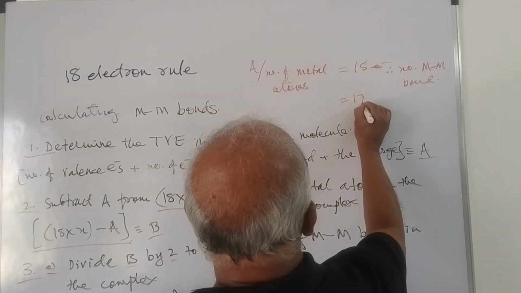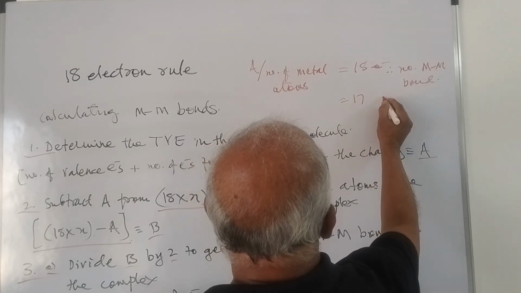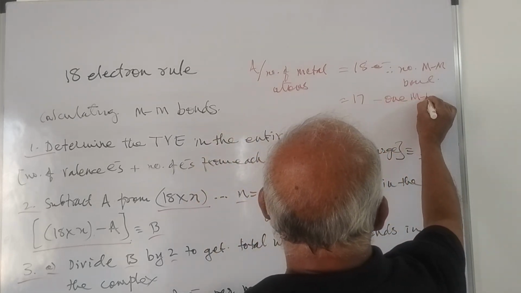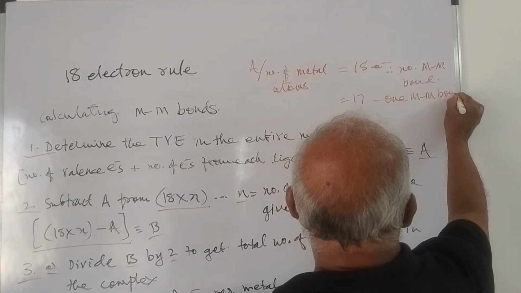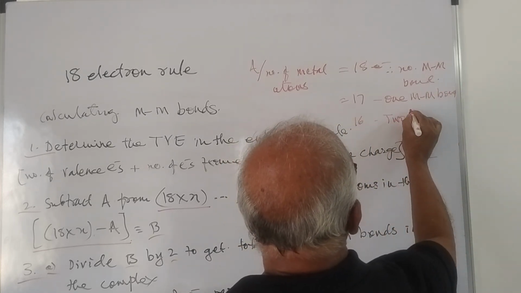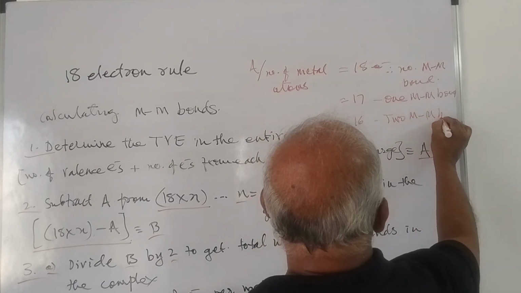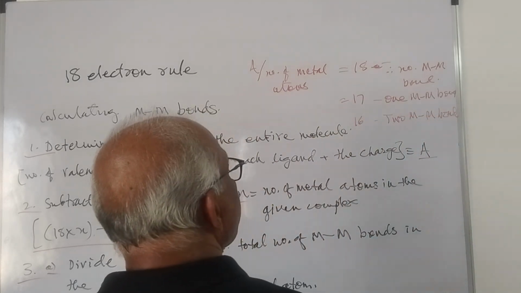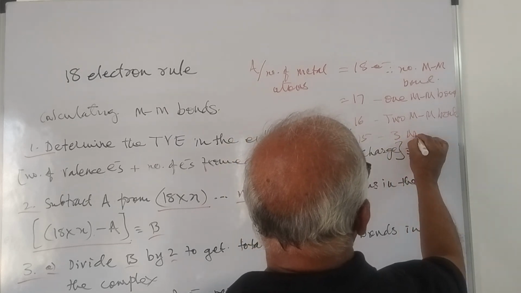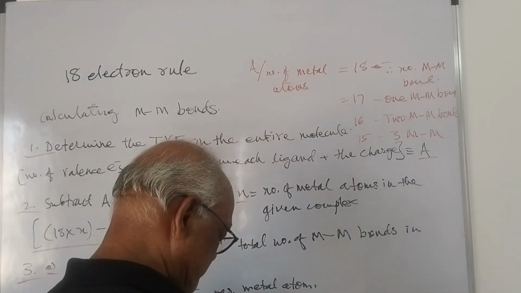If this value is 17, then there is one metal bond. If it is 16, there are two metal bonds. If it is 15, then there are three metal bonds.